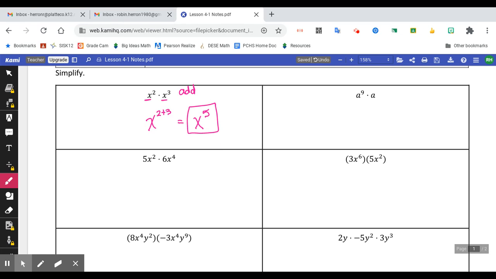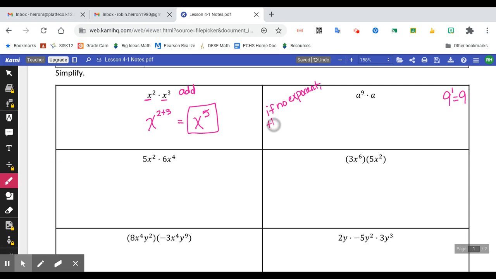The next one on the right gives you an example of when there isn't an exponent. If I had 9, really that's like saying 9 to the first power, because the answer is still going to be 9. Anytime there isn't an exponent, you're pretending that there's a 1 there.